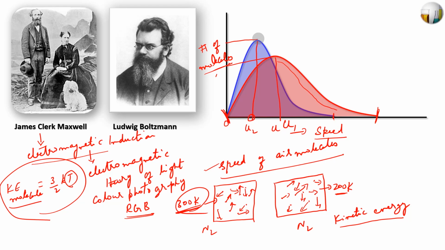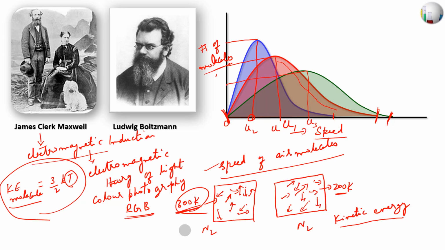What would happen if I were to take a system which is 400 Kelvin? Well, it would look somewhat like this. As you can see, the green graph has a greater range of speeds than the red one. But can you see the peak has decreased? Obviously the value of this velocity is definitely greater, but the number of molecules which possess that has fallen down.